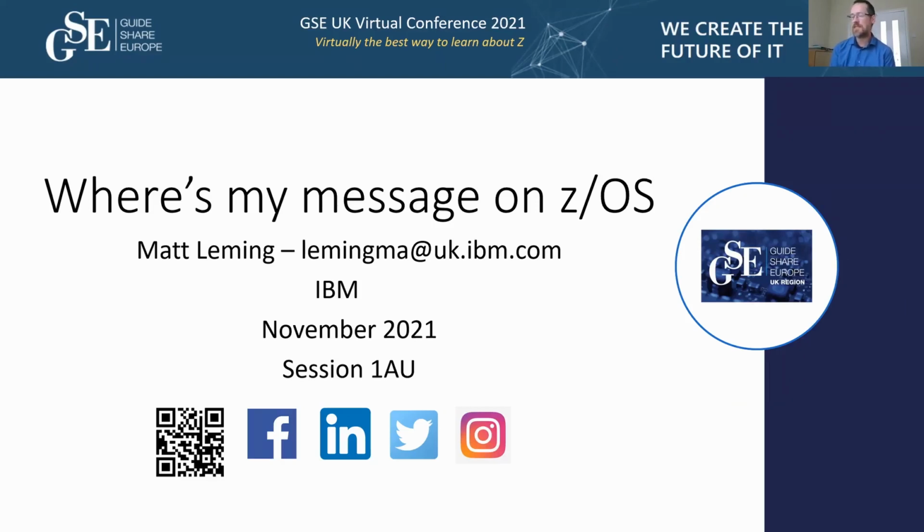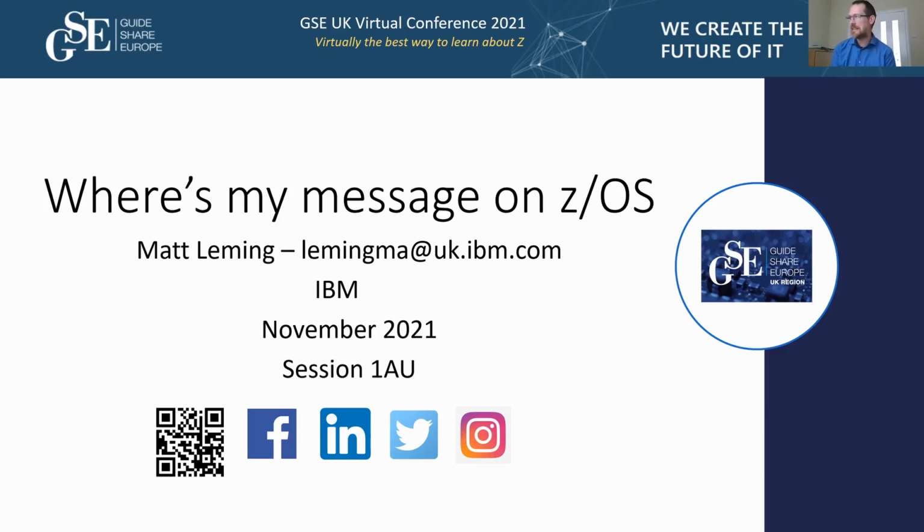And that's really what this presentation is all about, looking at the tools that are available with MQ on zOS to figure out what went wrong when messaging, so you can understand how to fix it and move on, and hopefully you won't lose your message again.